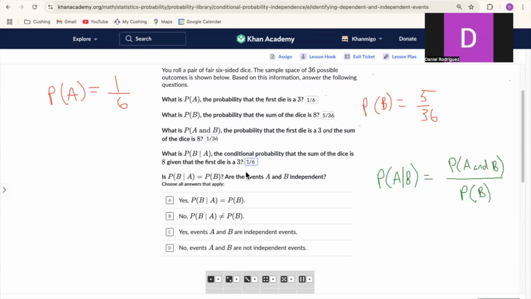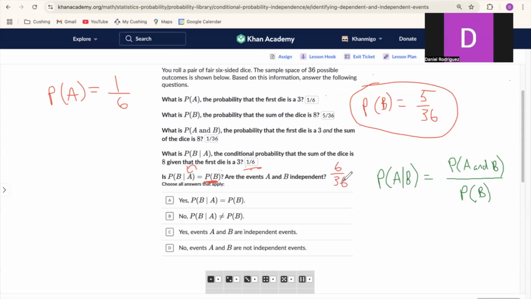And is that equal to the probability of B? That's what I'm asking. Is B given A the same as B? Basically, does A affect B? Because the probability of B is your baseline: there's a 5 out of 36 chance of rolling an 8. But given that I get a 3 as my first die, I have a 1/6 probability. Out of 36, that comes out to 6 out of 36.